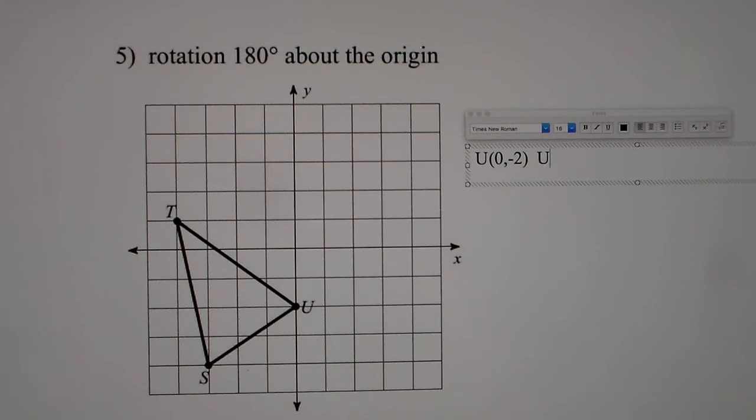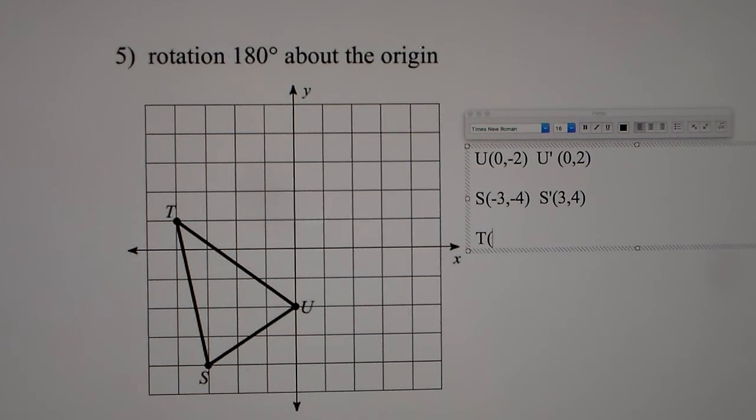So U prime is going to be 0, comma, 2. S is the coordinate negative 3, negative 4. So S prime is going to be at 3, 4. T is at the coordinate negative 4, 1.